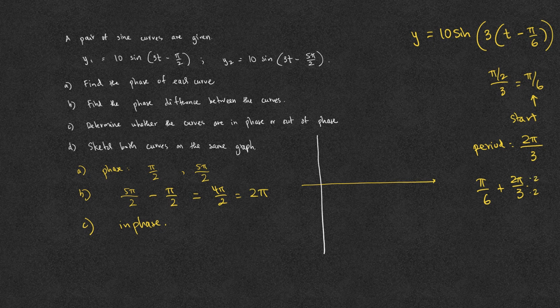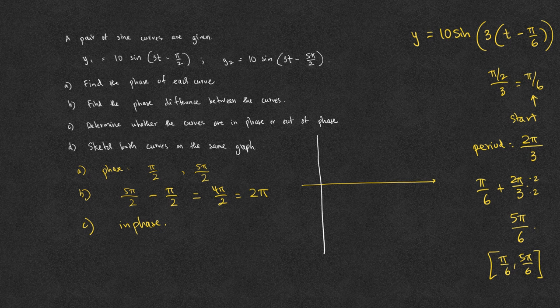Multiply 2 top and bottom, we get 5 pi over 6. And so if we start the graph at pi over 6, we would end with 5 pi over 6, and in the interval pi over 6 to 5 pi over 6, we will get one complete cycle of sine.